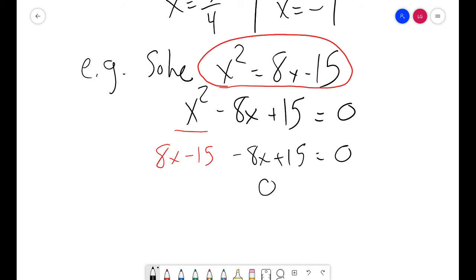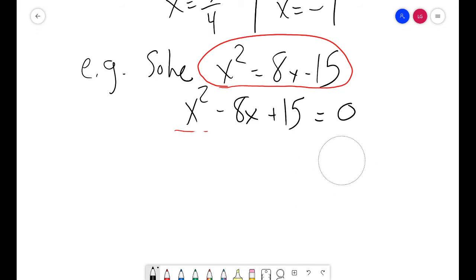So of course that's 0. This is just an insight into some of the logic here of why these rewritings work. If x squared is 8x minus 15, then x squared minus 8x plus 15 is 0.